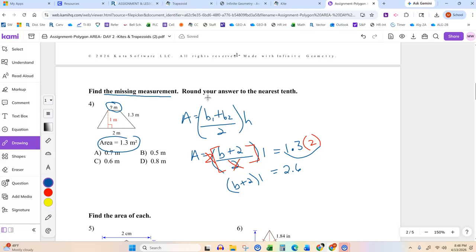Now, 1 doesn't create a problem, but I do need to get rid of the 1, so I divide by 1, and that's just going to be 2.6. Let me write it over here. So b plus 2 equals 2.6. And then I need to solve for b, so minus 2, b equals 0.6. Okay, so that's how you do those, okay?